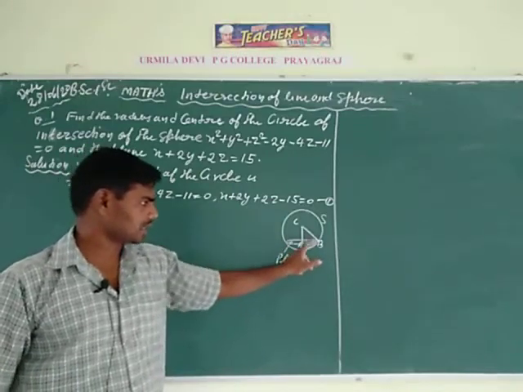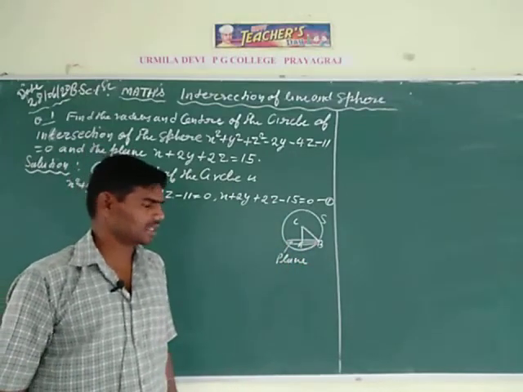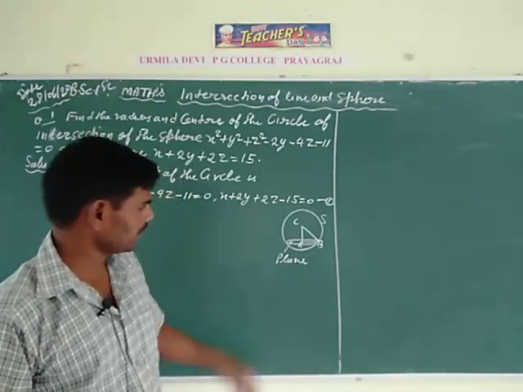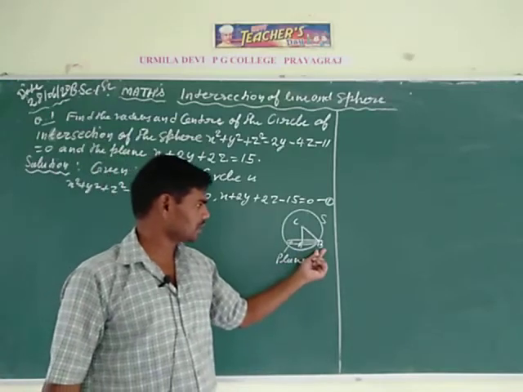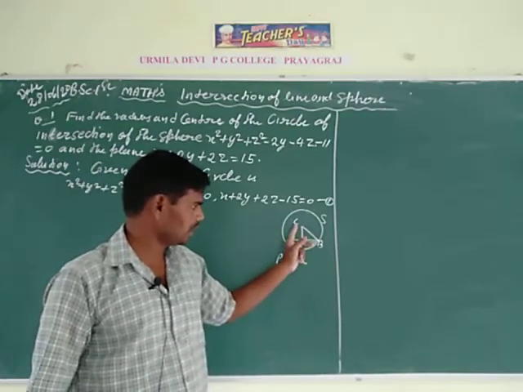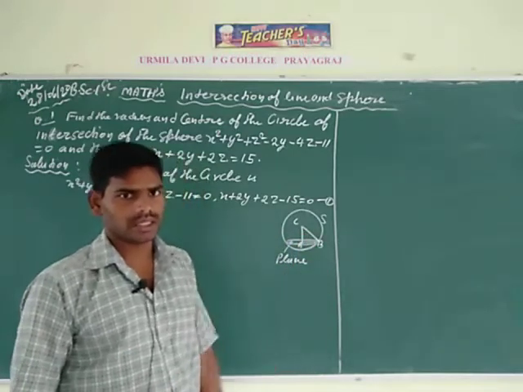This structure is the circle formed by the intersecting plane and sphere, and B is a point on the sphere. So draw a line C to B, and CB is the radius of the sphere.